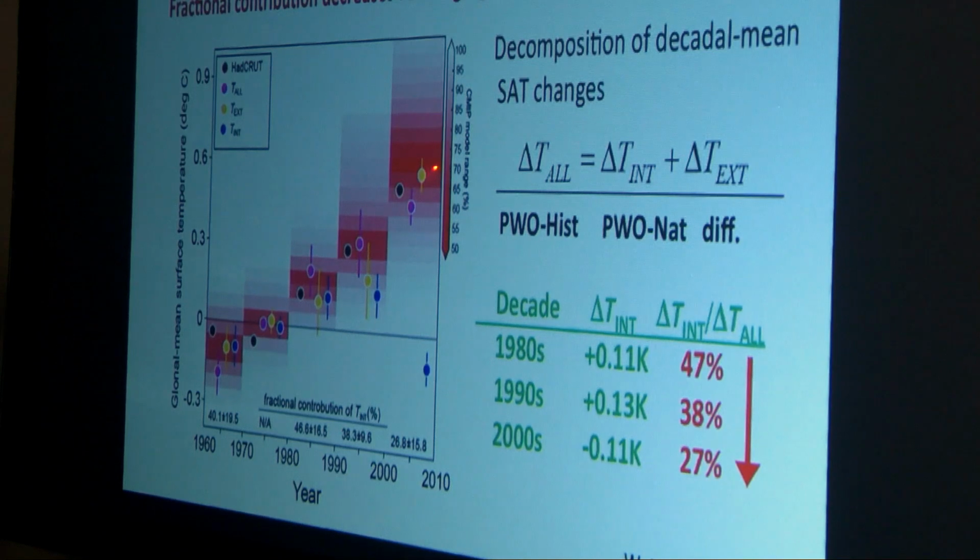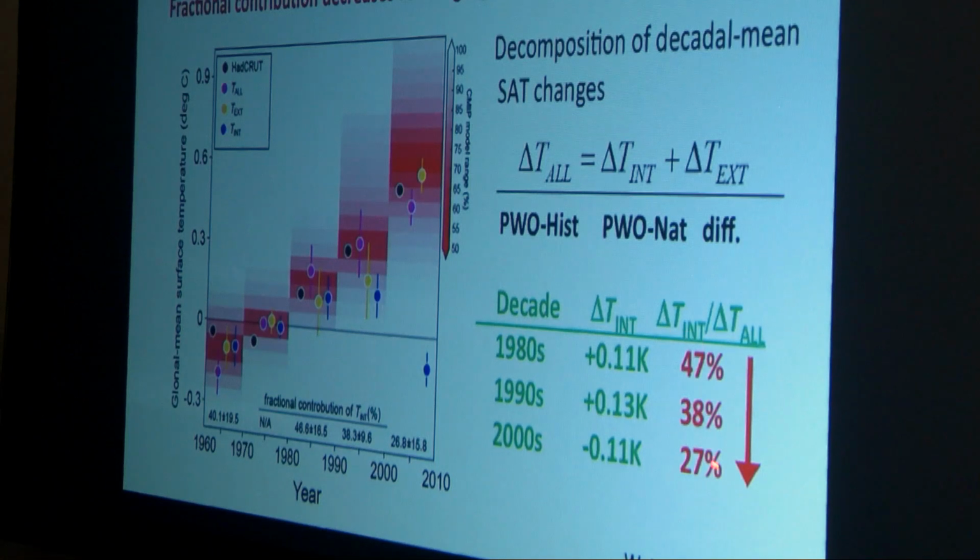So this is this, and if this is included, then this becomes this. In this way, we can estimate the fractional variance of anthropogenic contribution and natural contribution. That is written here.